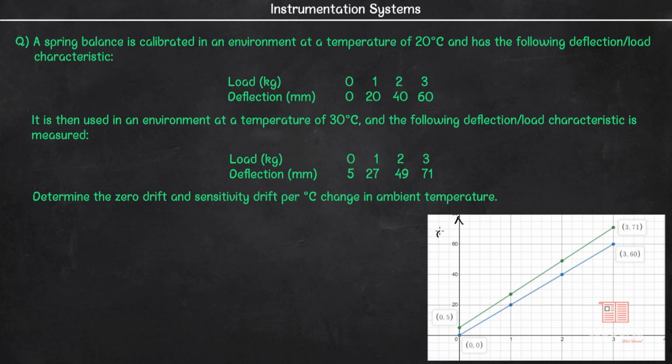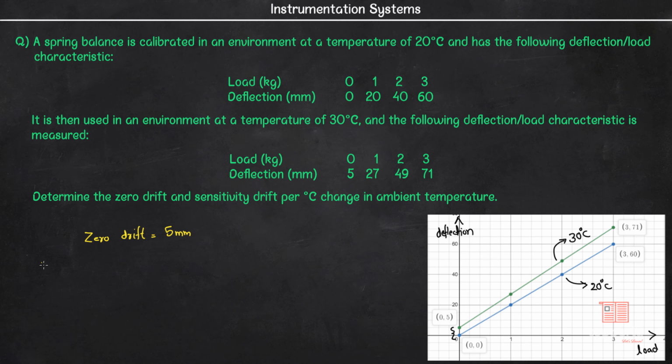So this axis is deflection and this axis is load, and this is the characteristic at 20 degrees Celsius and this is the characteristic at 30 degrees Celsius. Now as we have already discussed, the magnitude of zero drift is this difference, that is 5 mm. So the zero drift is 5 mm.